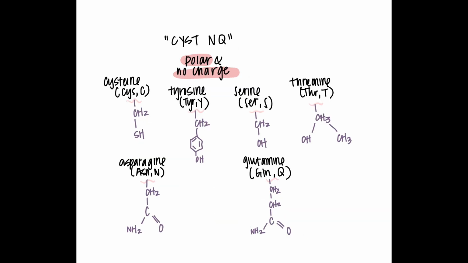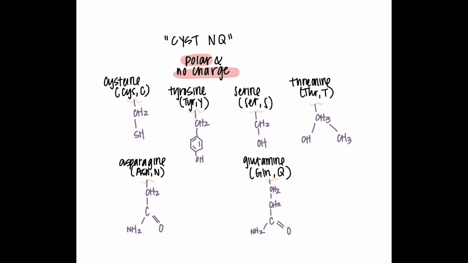For the polar amino acids, I use the acronym CYST space NQ. So I think of cyst, not cute, because of the Q, which makes the Q sound. And then I imagine a cyst full of water, and water equals polar. It's a stretch, but again, it works.